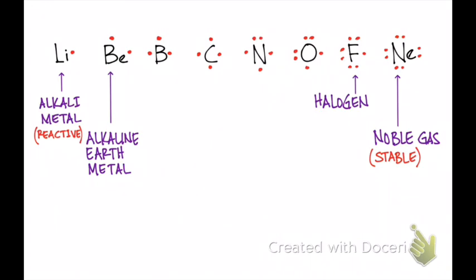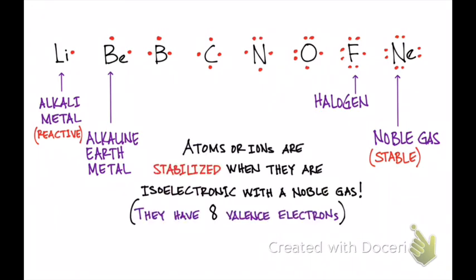So they are happy with the number of electrons that they have. And so atoms or ions are stabilized when they are isoelectronic with a noble gas. If you remember the term isoelectronic, it means the same number of electrons, in other words, the same electronic configuration.